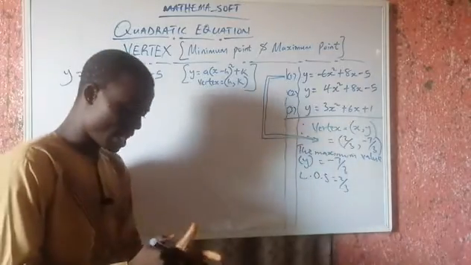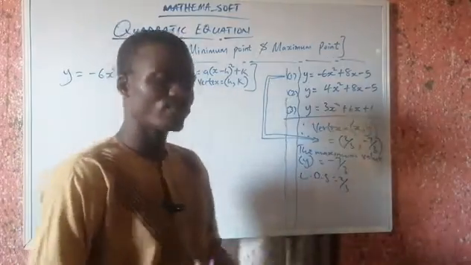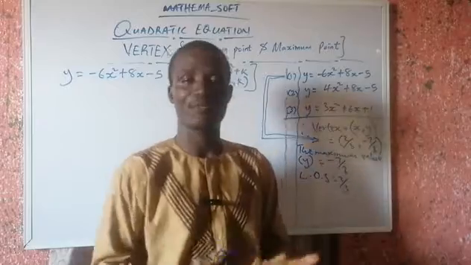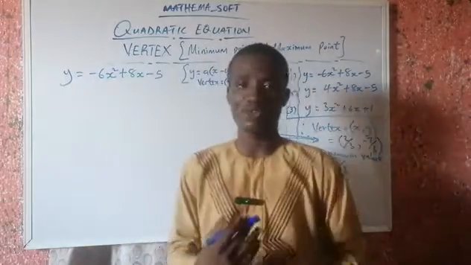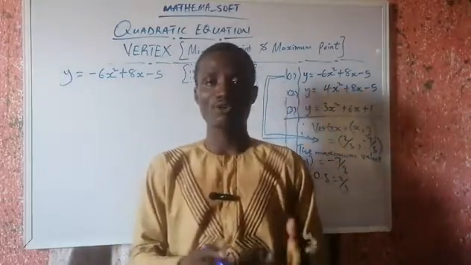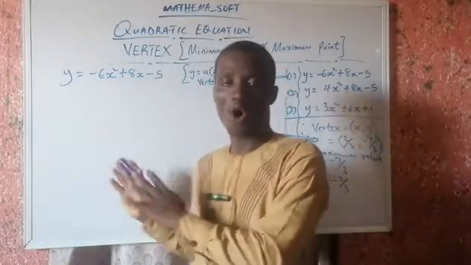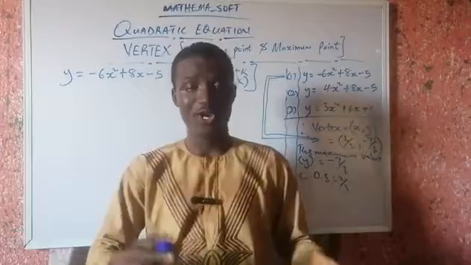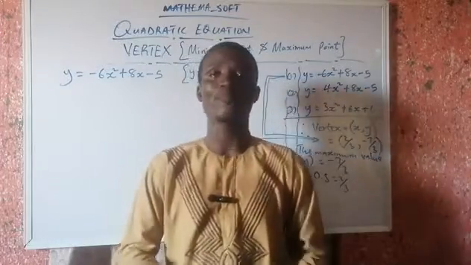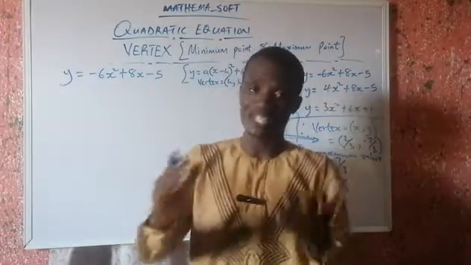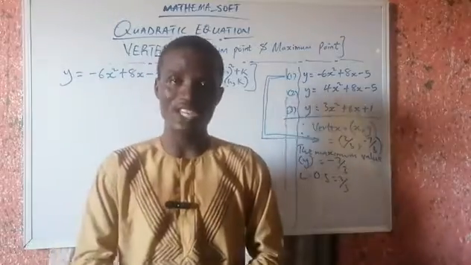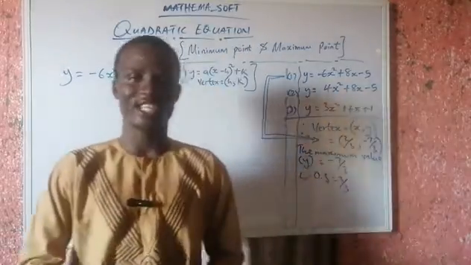So recall, under some of our previous lessons in quadratic equations, we have treated how to carry out completing the square of a quadratic equation, or how you can use the completing the square method in solving or analyzing a quadratic equation.